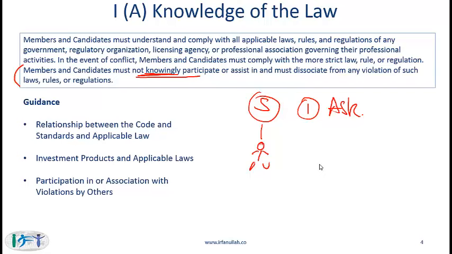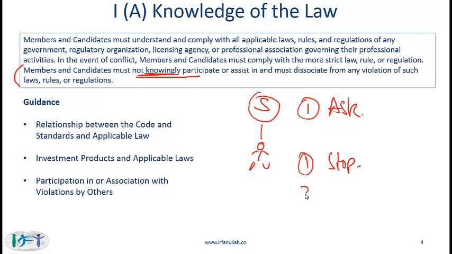Let's now move to a situation where you have observed something wrong happening and you are convinced that it is a violation of the code and standards. So what do you do? The first thing is to try and stop the behavior. And obviously, if you are in a supervisory role, that might be possible.